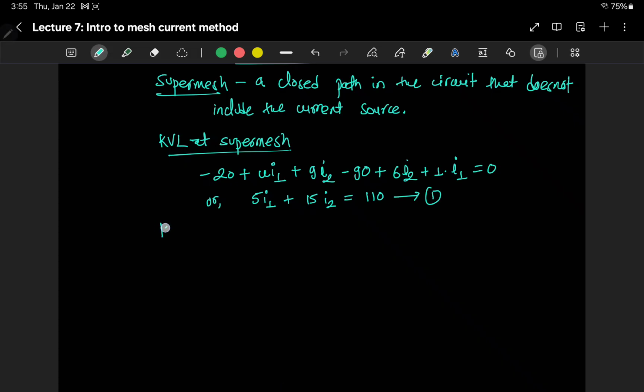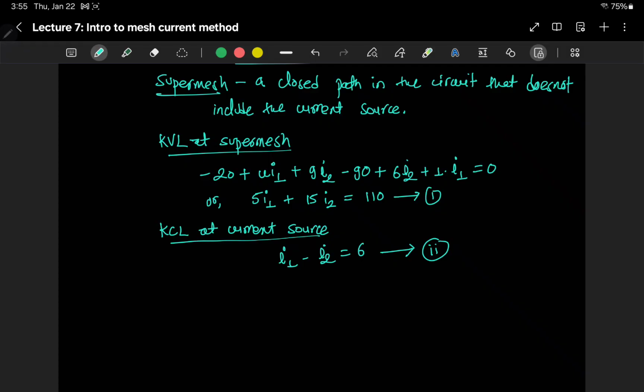So basically that is what we're going to write as Kirchhoff's current law at the current source. So if we write KCL at the current source, that will be I1 minus I2 is equal to 6. That is our second equation.